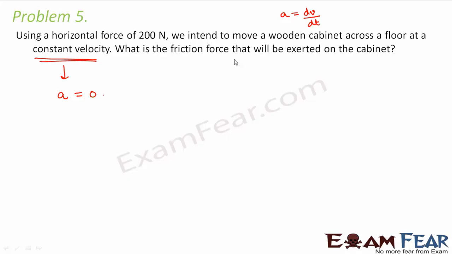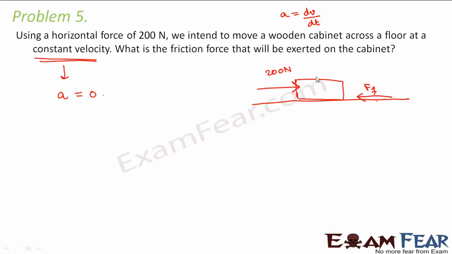So what is the force of friction that will be exerted on the cabinet? Now let us suppose this is the wooden cabinet and we want to move it across the floor, and for that we have applied a horizontal force of 200 Newton. So now we want that it should move at a constant velocity. So the force of friction will be exerted along this direction.